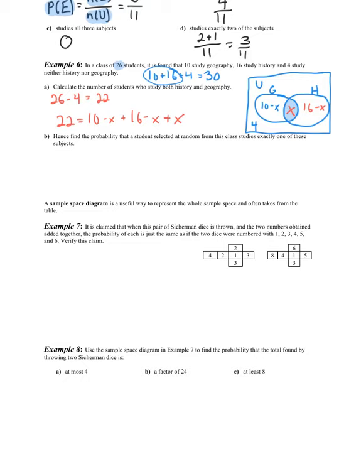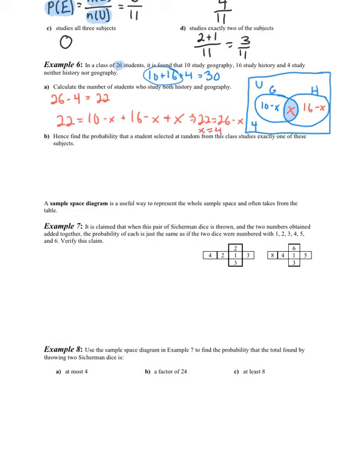They're sharing that value in the middle, which is an x. We should simplify that. We get minus 2x plus 1x, so we get a minus 1x. So we end up getting 22 equals 26 minus x. If I add x to both sides and subtract 22 from both sides, I end up getting x equals 4.